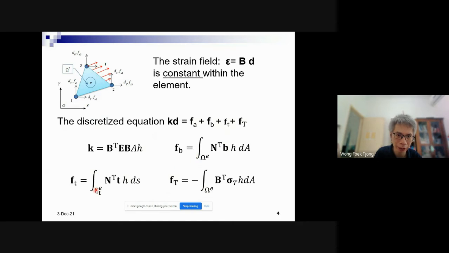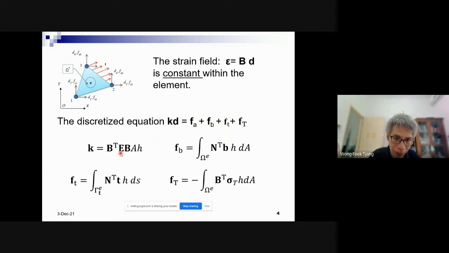Calculating the body force and surface traction is easier if we use area coordinates. This is the effect of the temperature change. Sigma T is the initial stress due to temperature change, depending on whether the problem is plane stress or plane strain.